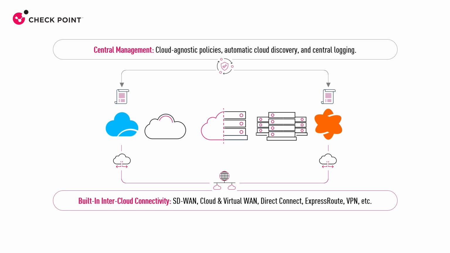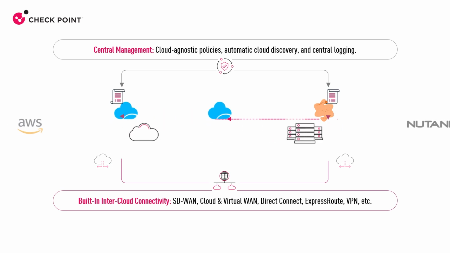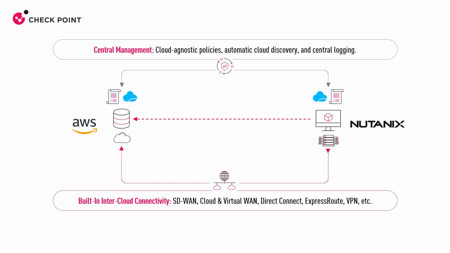connectivity tools. And to demonstrate these self-adaptive, cloud-agnostic CloudGuard rules, we're going to explore a case where I have developers' virtual desktop VMs on a self-hosted on-prem Nutanix cluster that requires inter-cloud access to a database server in AWS.